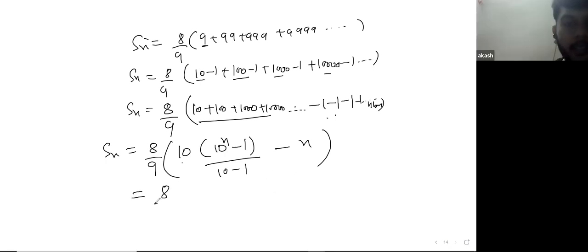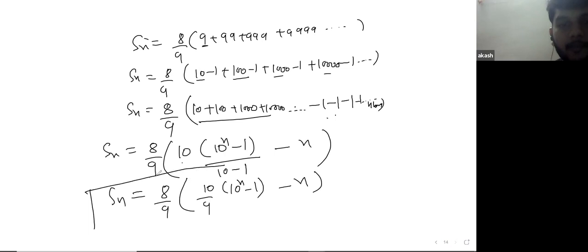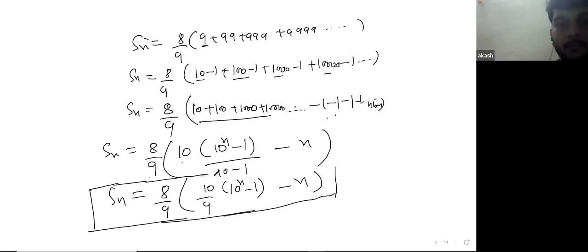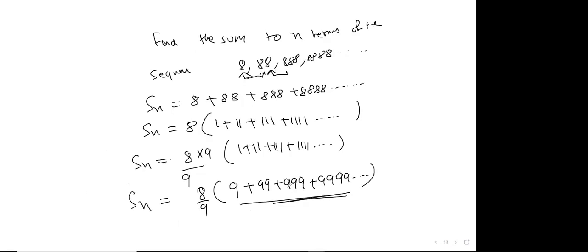So this is 8 upon 9 times (10 upon 9 into 10 raised to the power n minus 1, minus n), and this will be the answer. This is your answer. Clear till now? Please write this down from the starting to end.